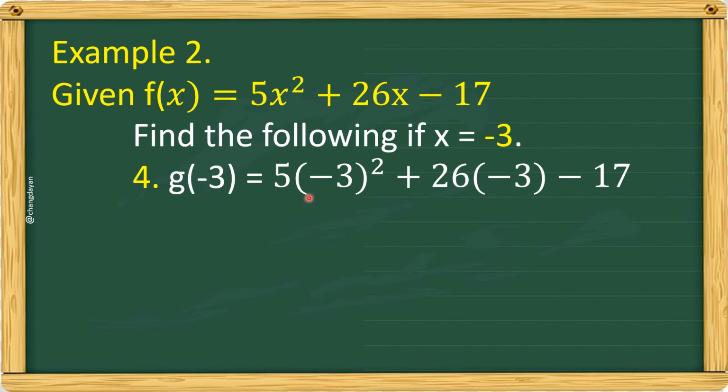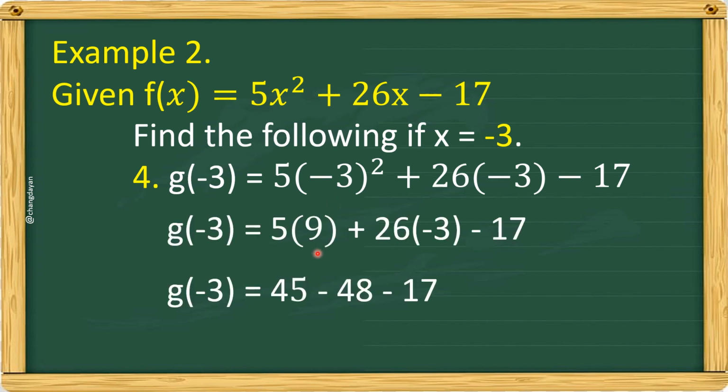So, class, negative 3 squared means negative 3 times negative 3, not negative 3 times 2. Again, it means negative 3 times negative 3. So, we have here negative 3 times negative 3, you have here 9.